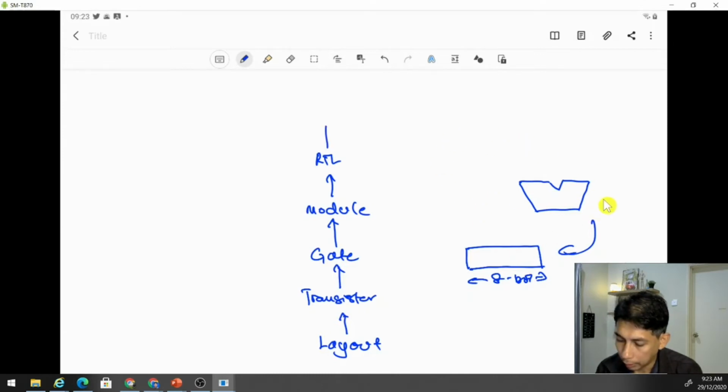And later in the next chapter we will look at an even higher level, the algorithm level. So we are here in RTL: how we design this, and connect this together to create a complete system.